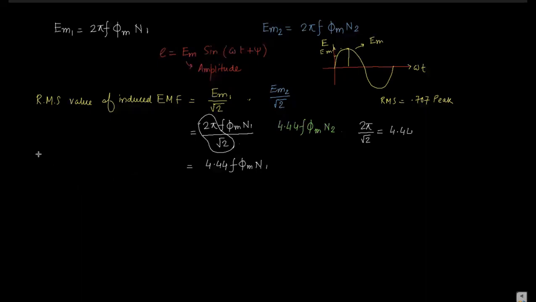Another thing is psi. What was psi? Psi becomes minus 90 degrees, that is lagging. So considering it as minus 90 degrees, if you want to write the statement relating phi and E, what will be the statement?